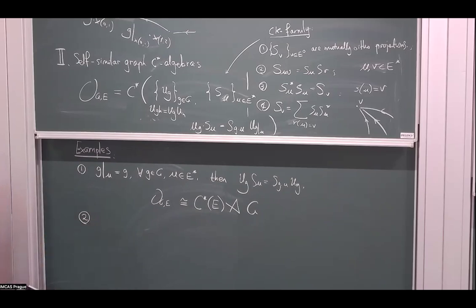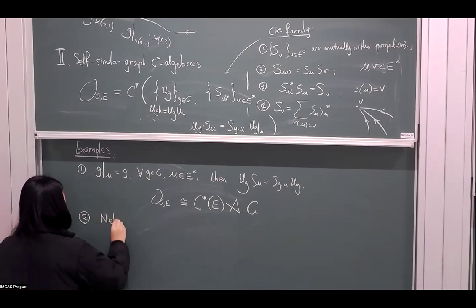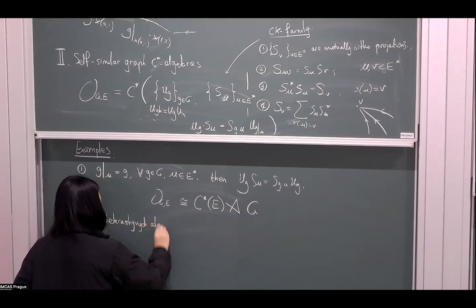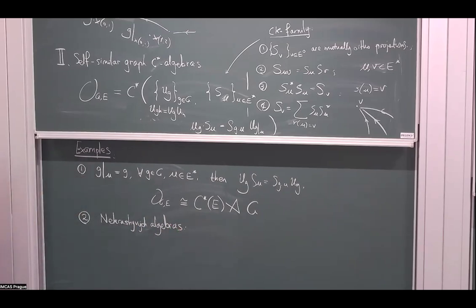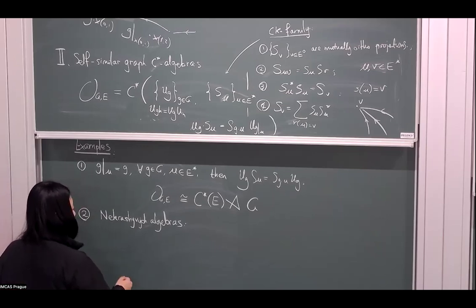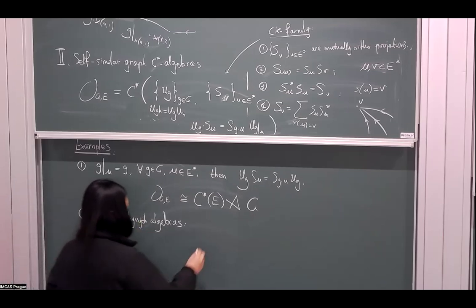Okay, so the second class of examples are these Nekrashevych algebras, which are defined by Nekrashevych to study these self-similar groups. The defining property of self-similar groups really means that the group has a self-similar action on these finite words coming from finite alphabets. The way of associating these self-similar graph C-star algebras to Nekrashevych algebras is the following.